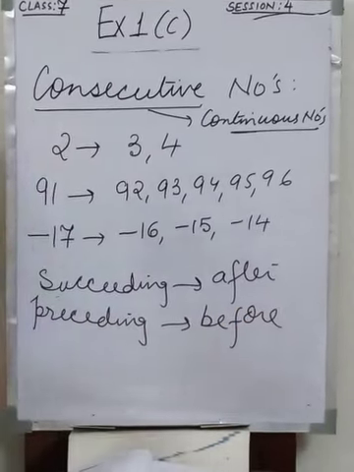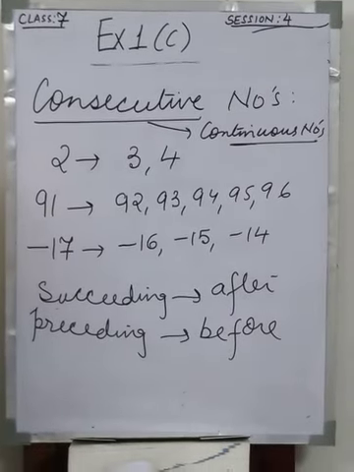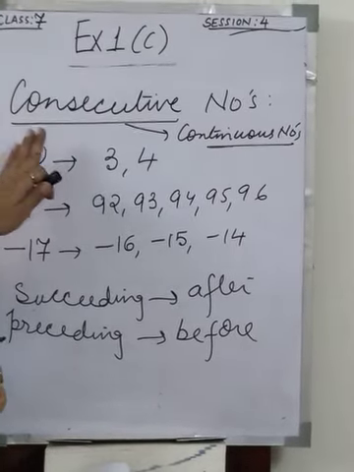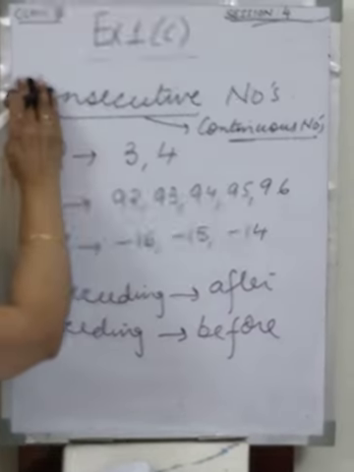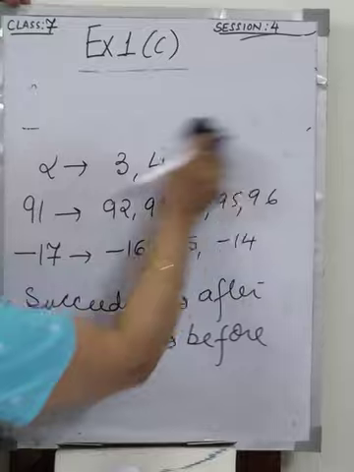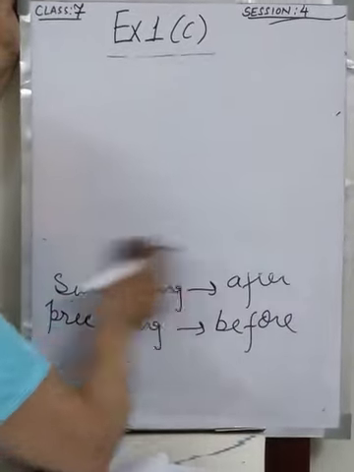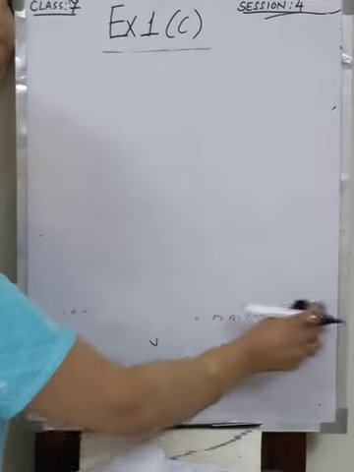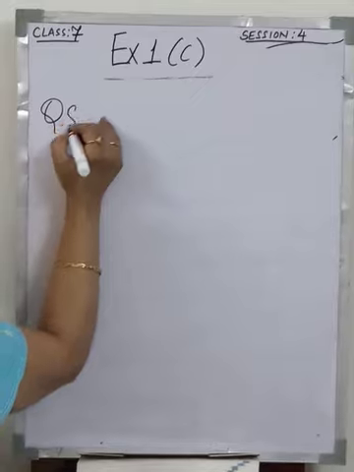So we'll do question number 7 and 8 accordingly. It's important to remember consecutive means continuous numbers. It may be consecutive preceding, it may be consecutive succeeding numbers. Question number 7 and 8 are of the same type. I write question number 8 for you.